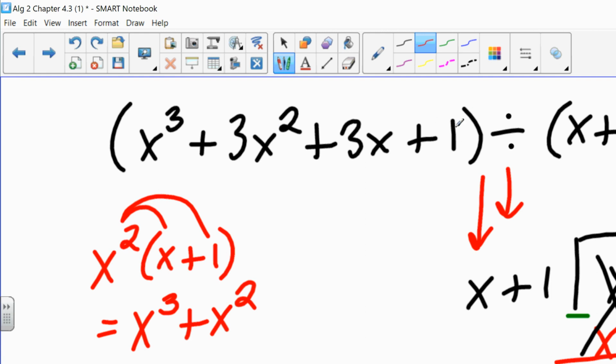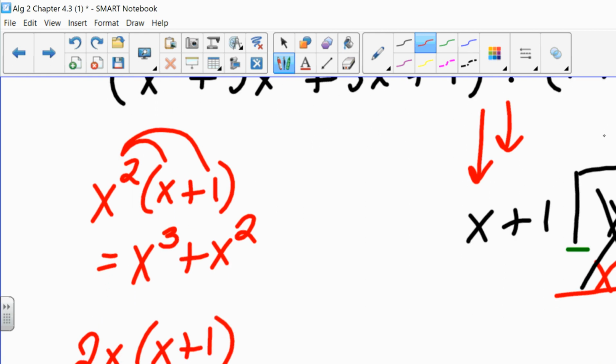We'll get those to be the same. And we'll multiply it. So we'll do 2x times x plus 1. Two x times x is 2x squared. 2x times plus 1 is plus 2x.